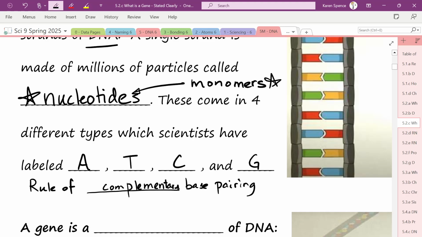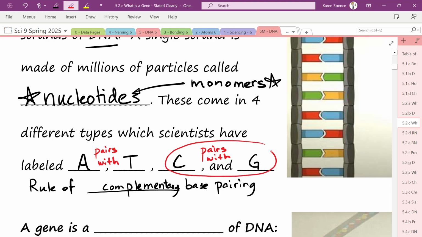The rule of complementary base pairing is that A pairs with T and C pairs with G.